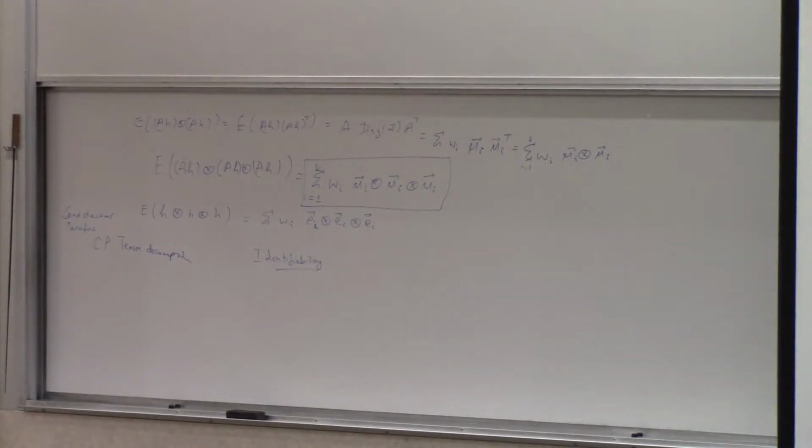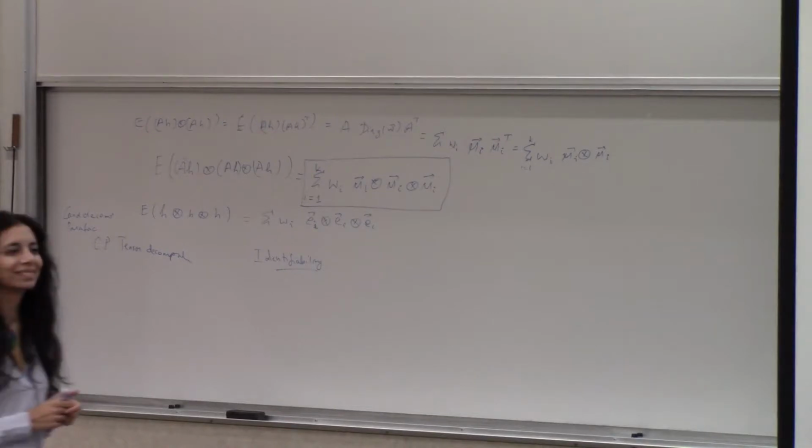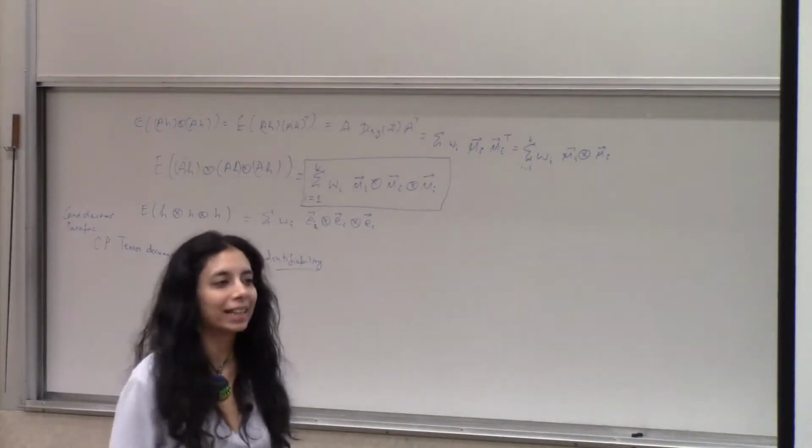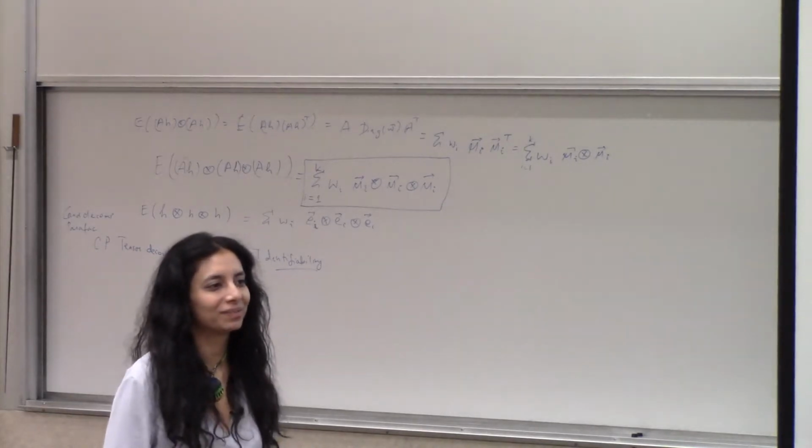What do you think? No one? It's more often unique. It's unique more often. So, meaning the conditions will be weaker, yes, right?